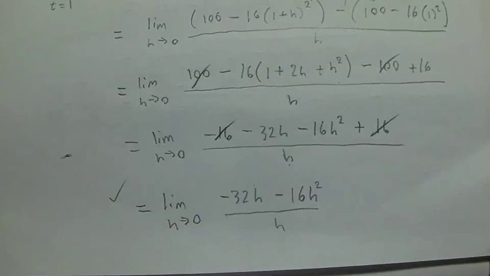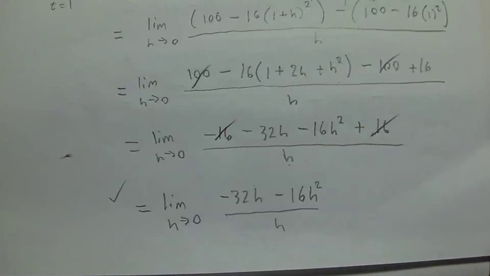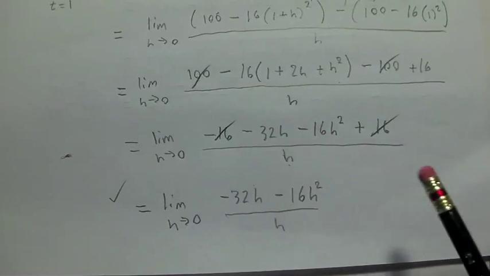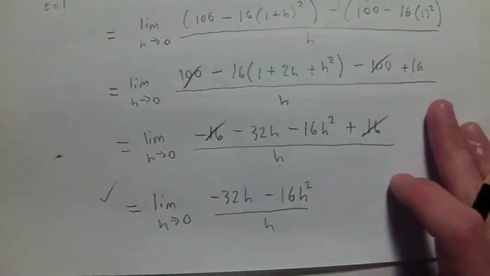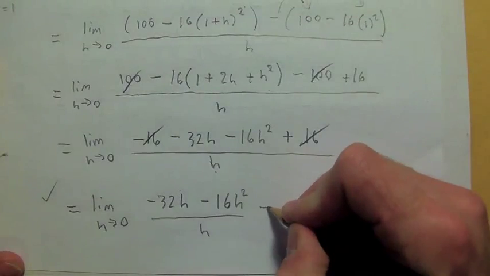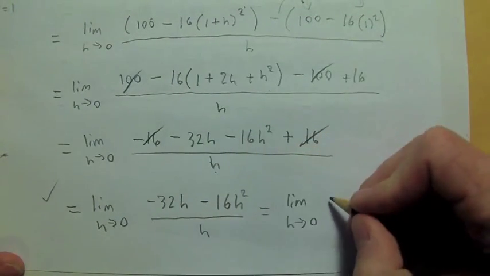In most cases, if you get down to here and you had some constants that didn't cancel out, you've done something wrong. Go back and look at what you did. This is where a lot of people mess up, because then they try to cancel this when really they made a mistake up here. Okay? So what we're going to do is factor out the h in the top.